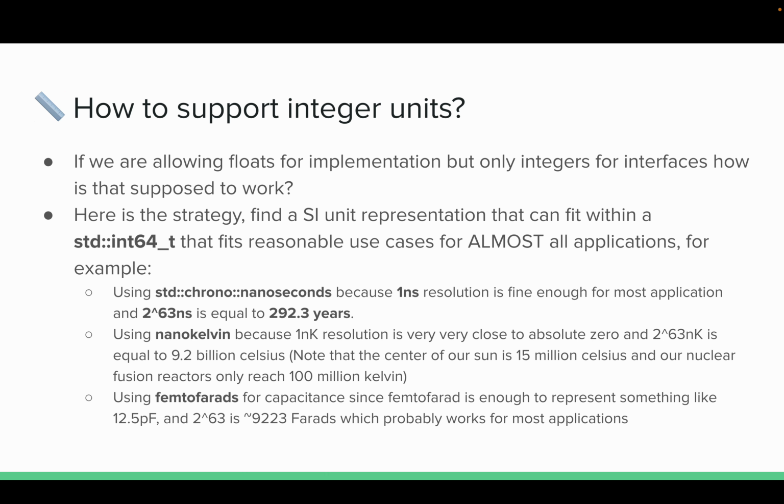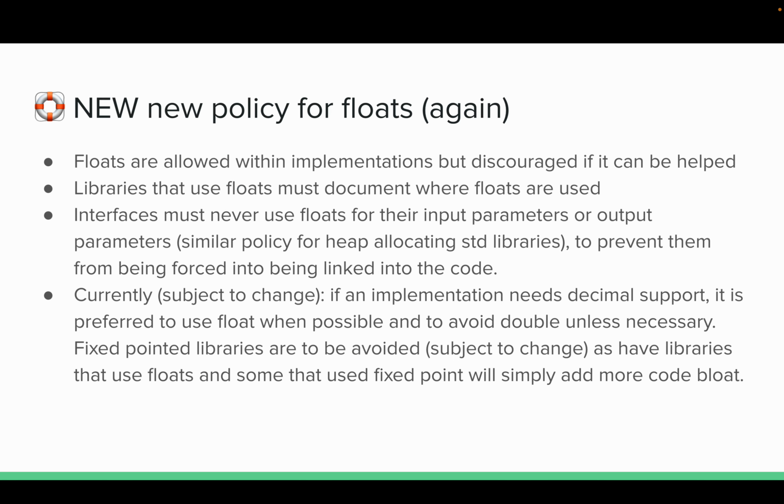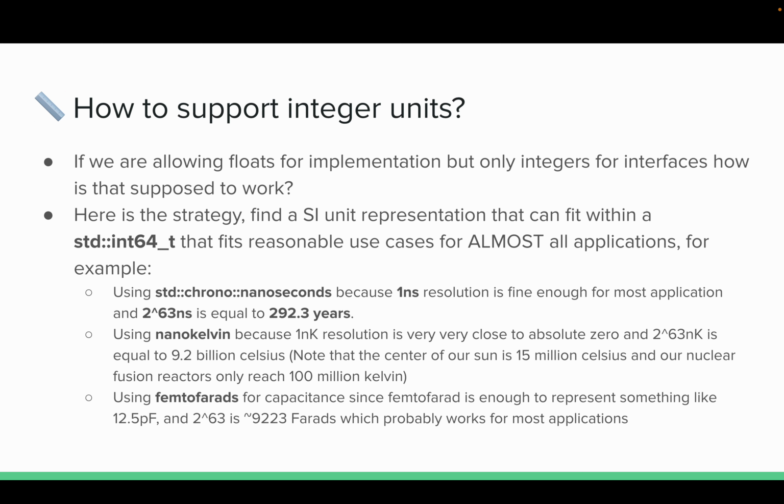Did I put a note about that? Oh, I did not. I meant to put a note here saying, on the second bullet point, libraries that use floats must document where floats are used, so that the user knows, when I call these functions or use this library, I'm paying for floats. If I want to not pay for floats, I have to eliminate that library. So yeah, any other questions? Good question.